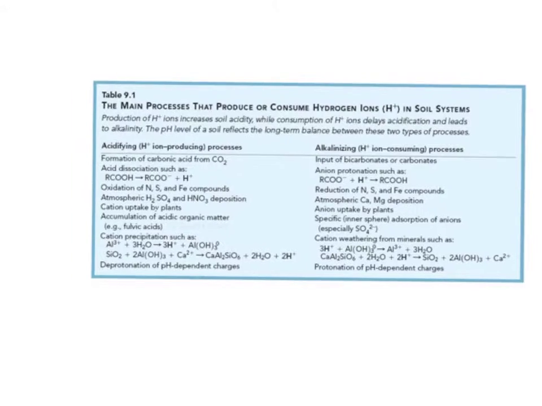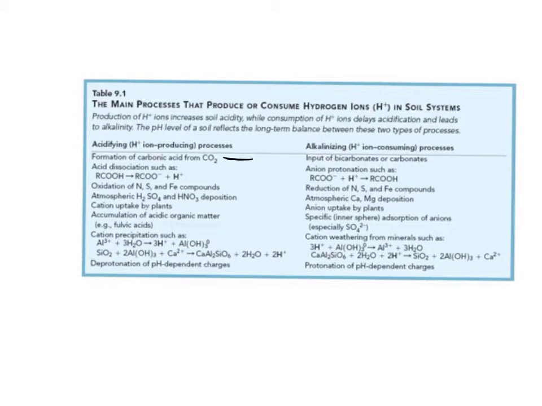Number one is, well, back to the pen. The first one here, formation of carbonic acid from CO2. So when carbon dioxide, which is naturally in the atmosphere, dissolves into the water, so carbon dioxide gas actually dissolves into soil water. The soil is higher in carbon dioxide.